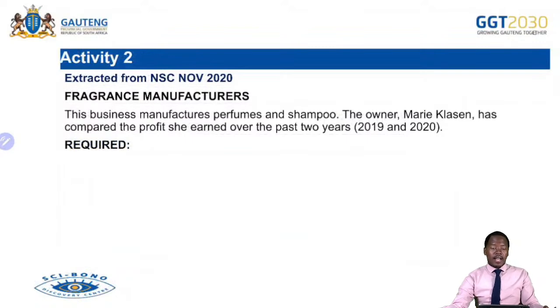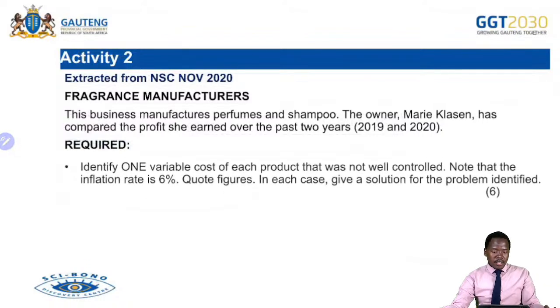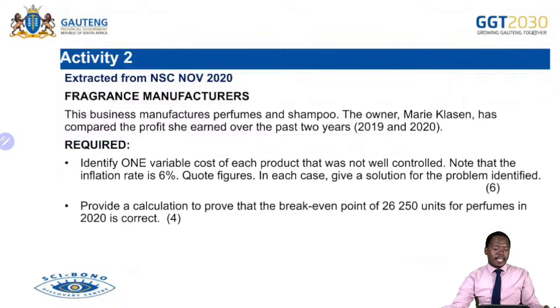Right. Then moving on, we are on our activity 2. We are looking at our break-even point, as well as other unit cost calculations. For this one, we are given that the business manufactures perfumes and shampoo. The owner, Marie Claassen, has compared the profits she earned over the past 2 years, 2019 and 2020. We must identify one variable cost of each product that was not well controlled.